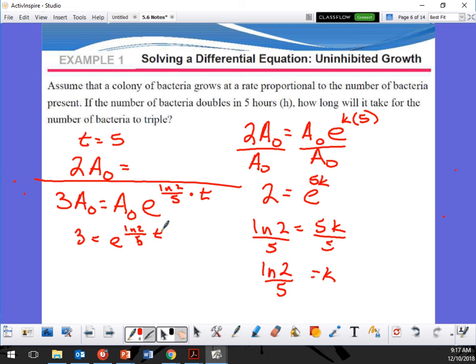So ln 3 is equal to ln 2 over 5 times t. And so it's going to be 5 ln 3 over ln 2 is equal to t.